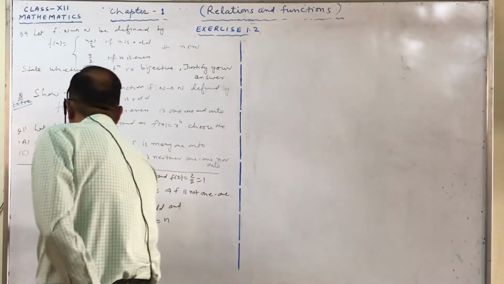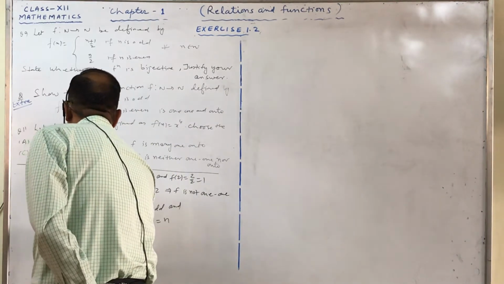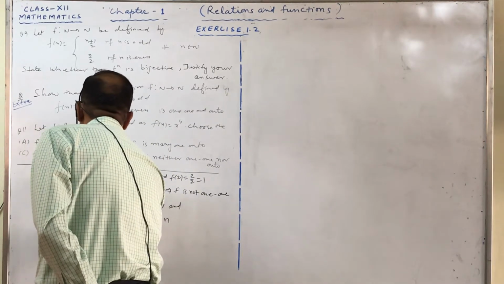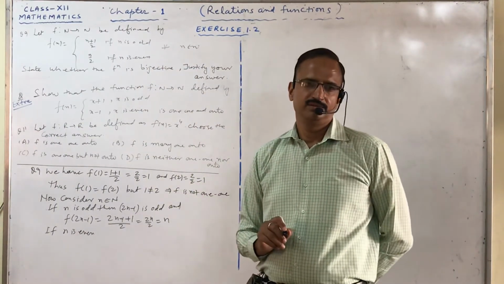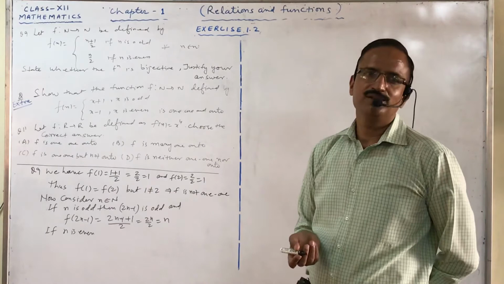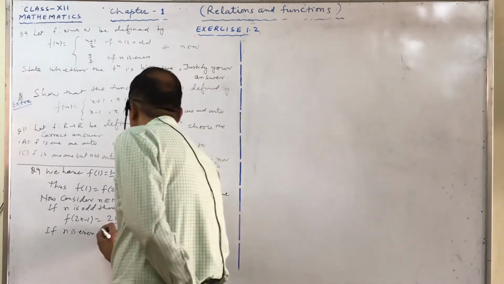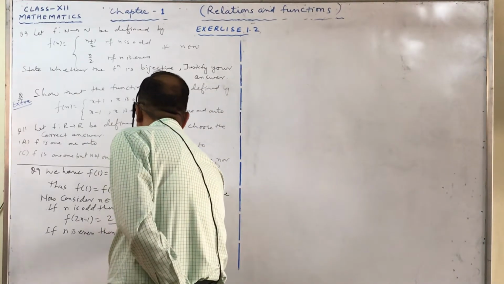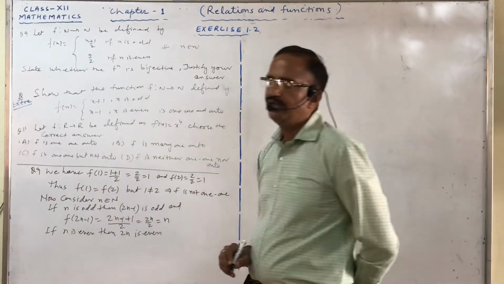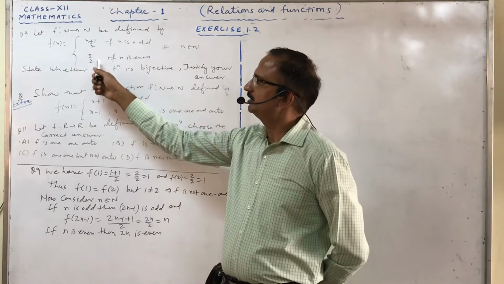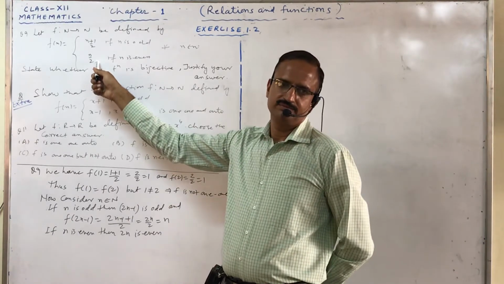Now, if n is even, then 2n is also even. When it is even, then we will use the second function.